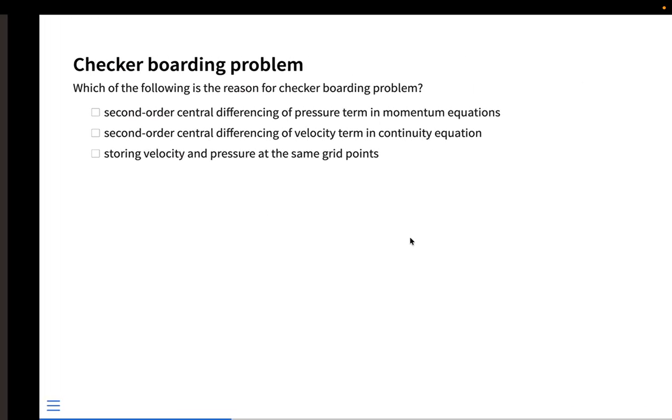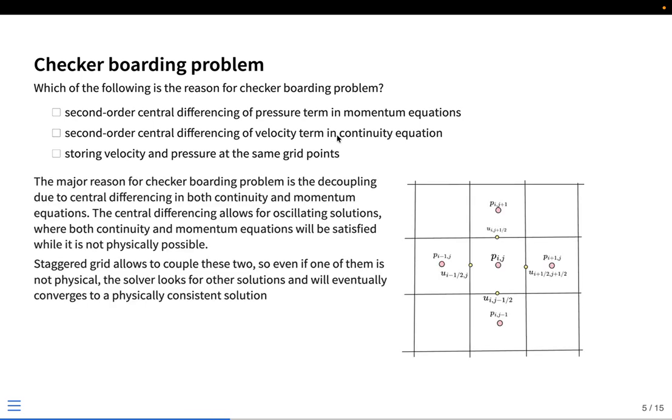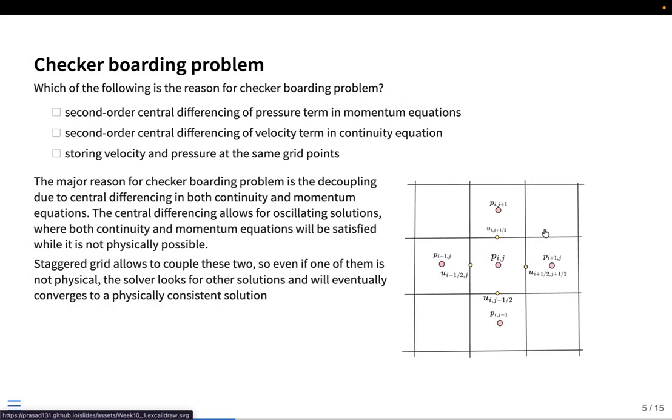I'll give an illustration with a problem, then it will become clearer. The main problem is that we don't want both the continuity and the pressure term in the momentum equations to be zero at the same time. Just by considering this alone or this alone, the problem of checkerboarding cannot be removed. When we introduce the staggered grid concept, it ensures that even if one of them is zero, the other one will still be non-zero and iteration continues.